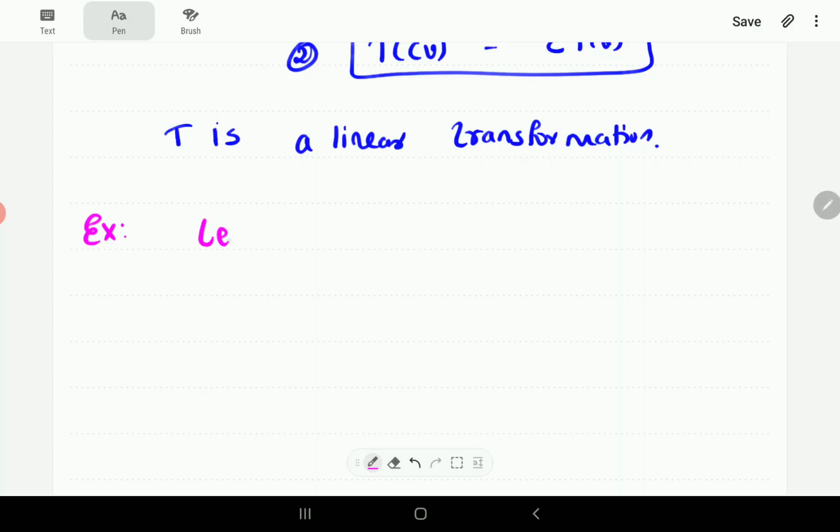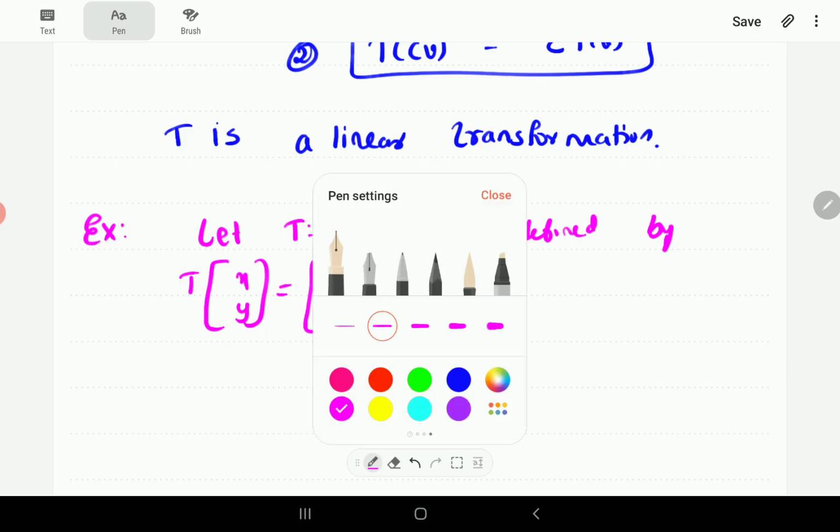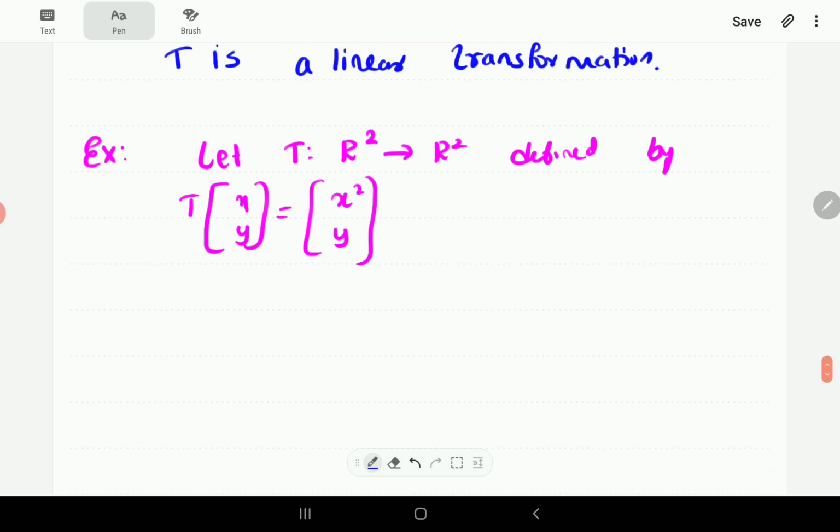Suppose T is a transformation from R2 to R2, which is defined by, let me write as T of (x, y) equal to x square y. Let us check whether this is a linear transformation or not.